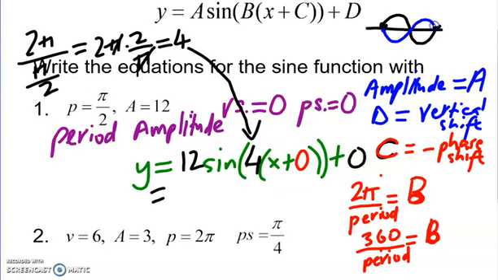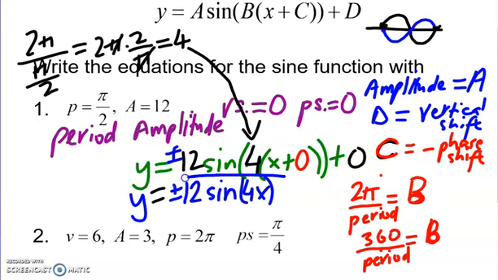We just don't have enough information here. So instead of writing 12 there, I'm going to put plus or minus in place of that. So plus or minus 12, then sine, and x plus 0 is just x, so I've got sine of 4x, and the rest of it is just 0 there. So this then is my final answer for this problem.